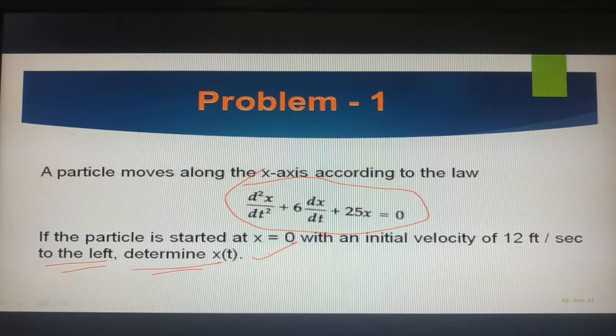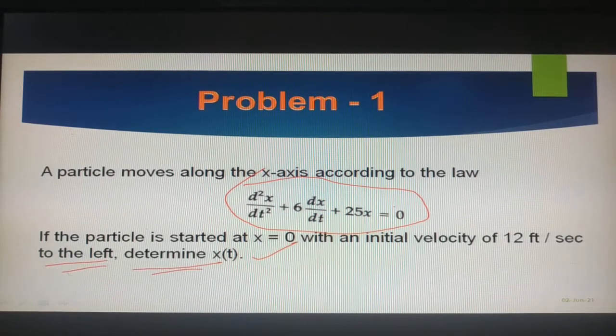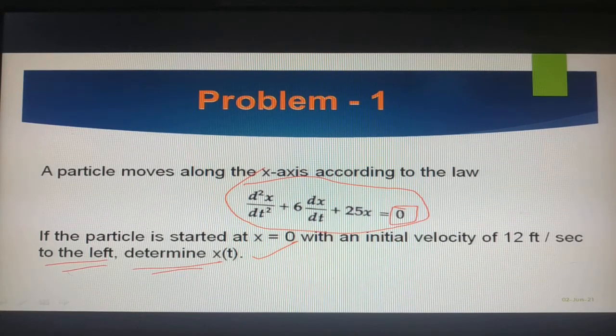So the distance traveled by that particle at any time t is your x of t. How are we going to solve this? Because it's a differential equation, initially we will try to find the analytical solution. If you see, this is a homogeneous differential equation, the right side is 0. So for this differential equation we have only the complementary function part, that we will find. This is your given differential equation.